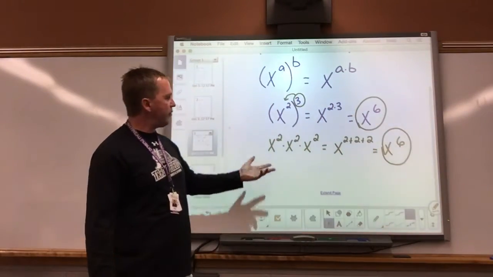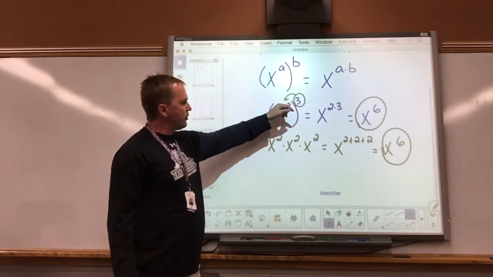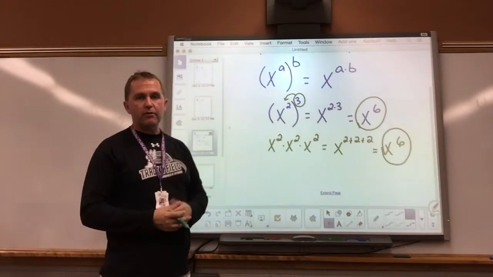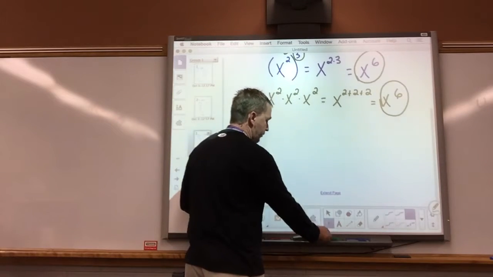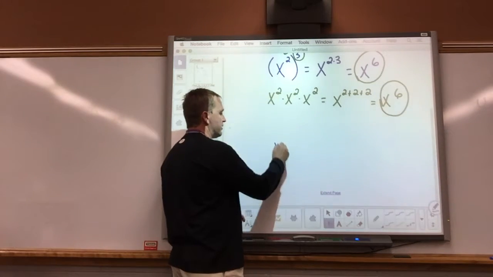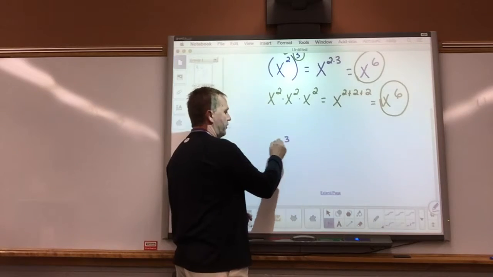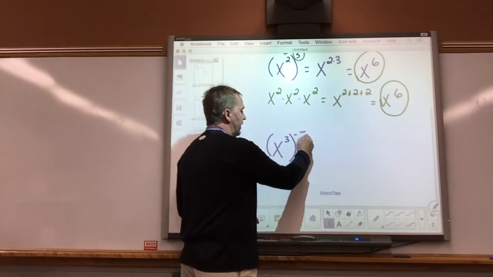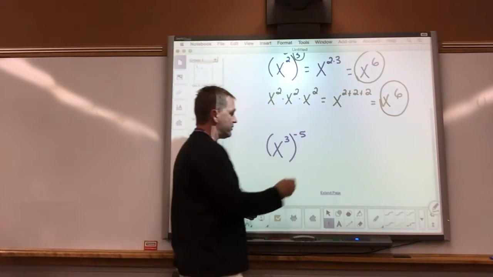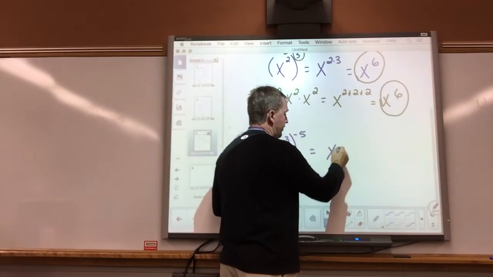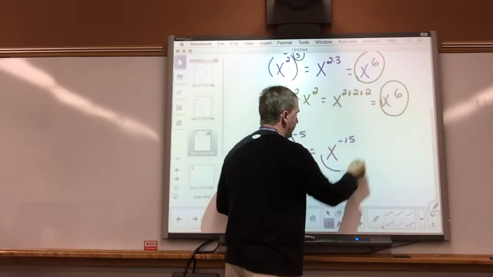So this is a shortcut that allows me to get around the long version. Again, if I took another example, something like x to the third raised to the negative fifth power, I would multiply those two exponents, and I would simply have an answer of x to the negative 15.